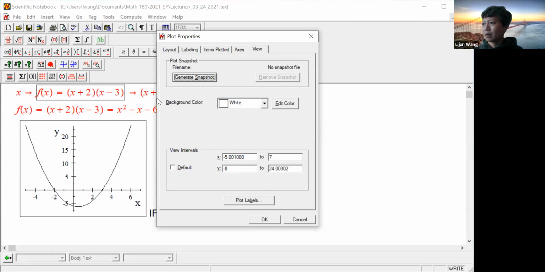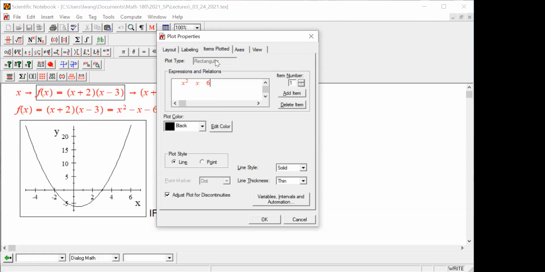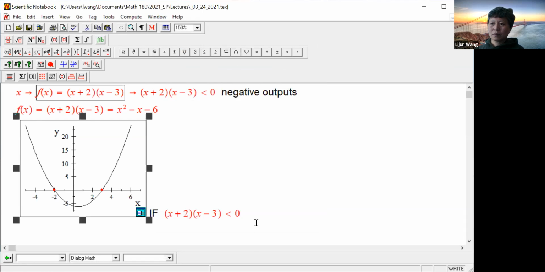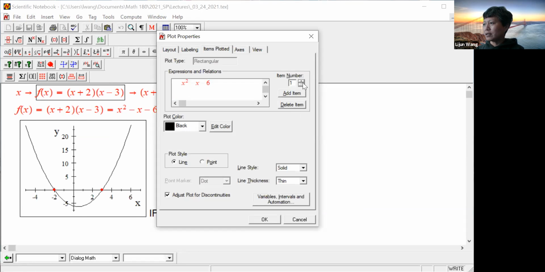Now, what are those critical points? There are 2 points that are very critical. That's where the sign change takes place. You follow me? x plus 2 has a place where sign change takes place, and x minus 3 has a place where sign change takes place. Of course, these 2 dots should be in circle.